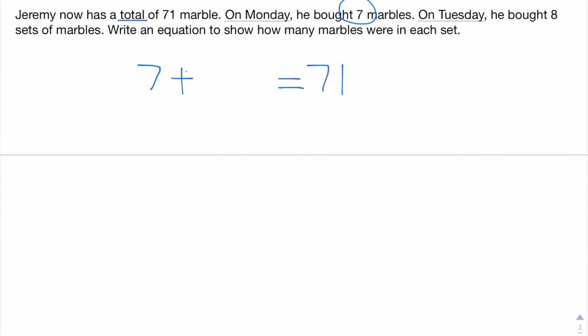Now the next part, it says he bought 8 sets, "sets" being my keyword here, which tells me to multiply. So I'm going to do 8 times some number, and I have my equation set. So again, I am just simply looking at what's there, taking what I know about my words and putting them down. Right now, you're going to go ahead and do some practice on your own.